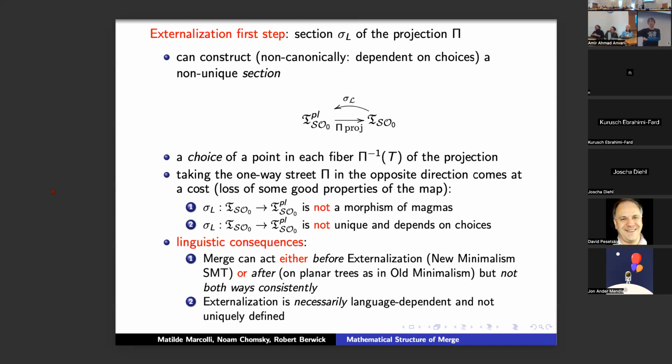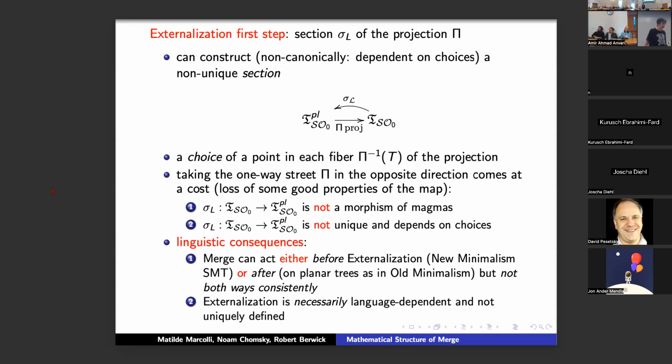So what that means is simply that if I pick an abstract tree and I want to assign to it a planar structure, so that when I forget the planar structure, I get what I started with. Okay. So that's what the section means. It picks a choice in the fiber of the projection over my points. I choose one of all the elements that will get identified together when I project them. And so it's like I'm taking a one-way street in the opposite direction.